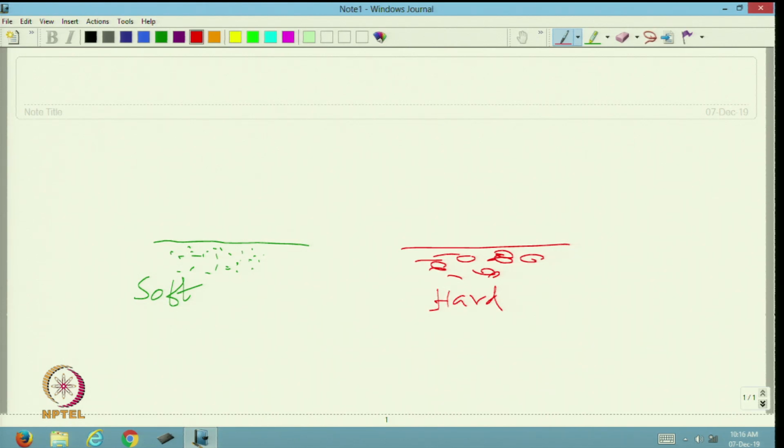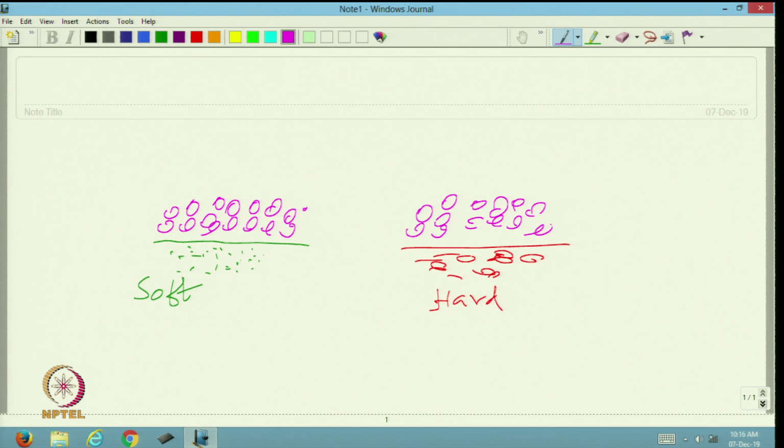Here geotextile is laid for the separation purpose. Suppose these are the stones. Now, here I am putting geotextile, and here also we are putting geotextile.